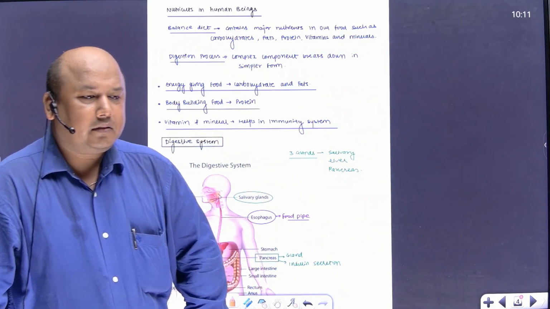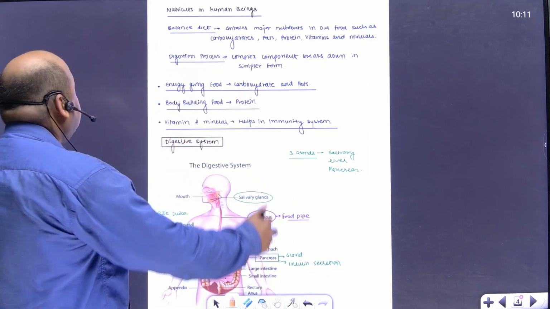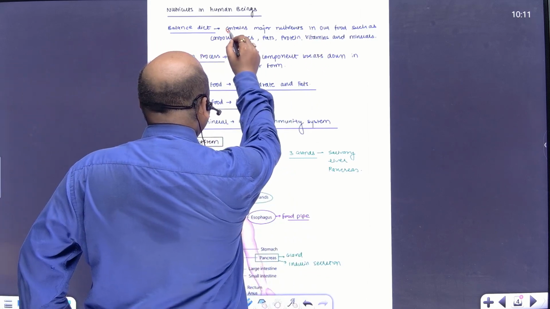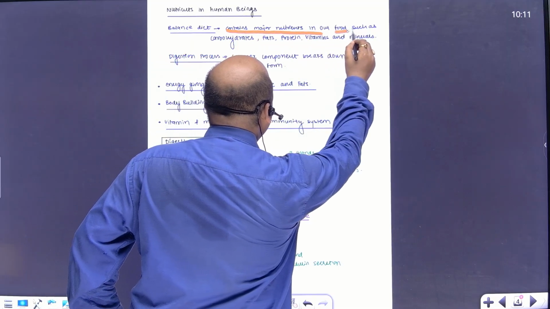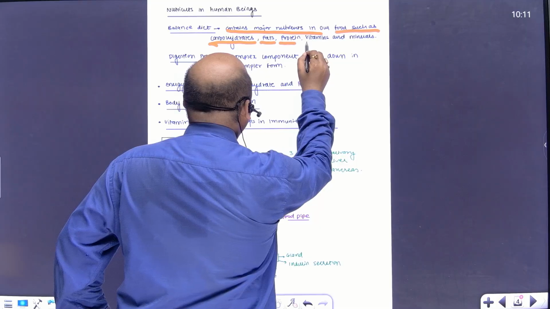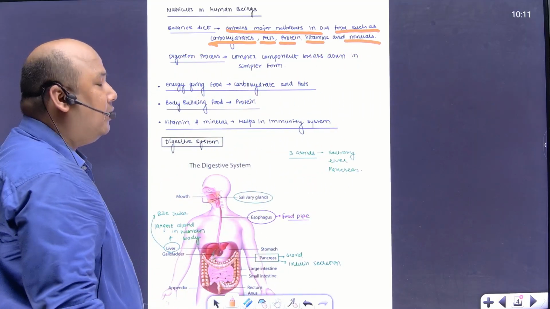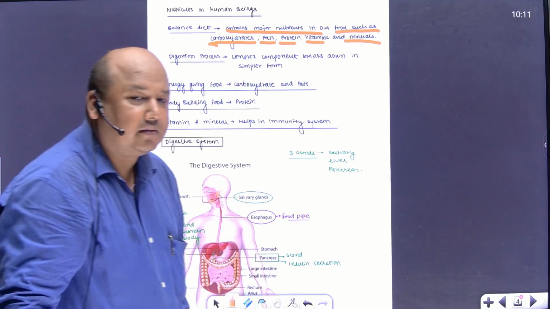So nowadays it's a problem how we will get a balanced diet. A balanced diet contains nutrients in our food such as carbohydrates, fats, protein, vitamins, and minerals. If these things are present in our diet, it is called a balanced diet.